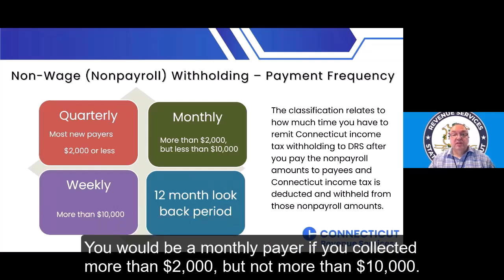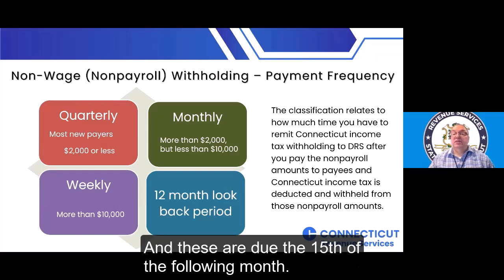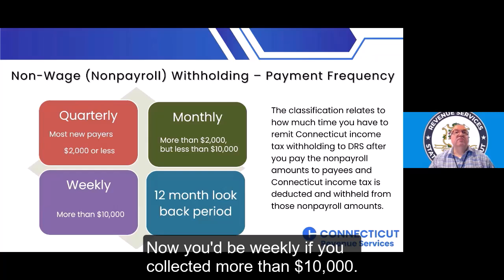You'd be a monthly payer if you had collected more than $2,000, but not more than $10,000. And these are due the 15th of the following month. Now you'd be weekly if you collected more than $10,000.